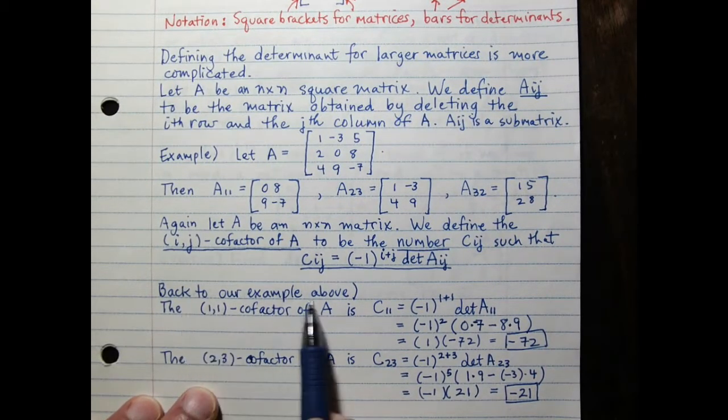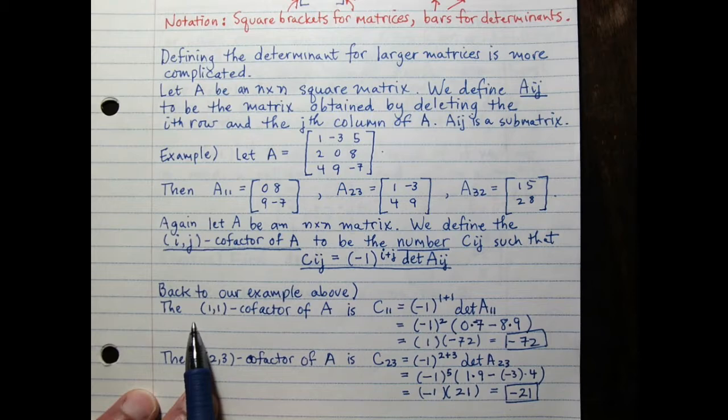So back to our example above, let's compute some of these cofactors. The 1,1 cofactor of A is denoted c11. We take negative 1 to the 1 plus 1 times the determinant of A11. Negative 1 to the 1 plus 1 is negative 1 squared, which just turns out to be 1.